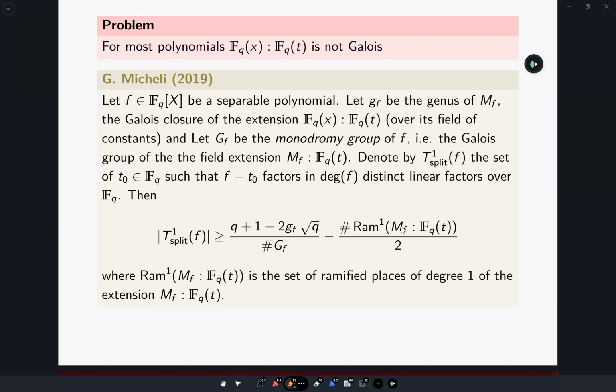The reason why it helps us is that we don't actually need to calculate the totally split places of F, which might not be Galois, but we can use a Galois closure and then the group of F, which can be estimated given it has at least one totally split place, which is basically most times the case. So that's the theorem.